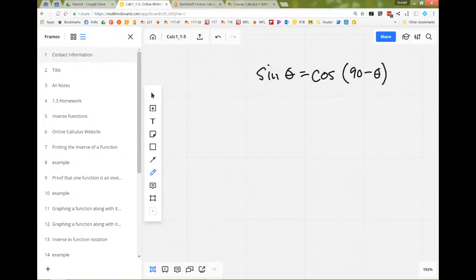Complement meaning two angles that add up to 90. Likewise, tangent equals the cotangent of 90 minus the angle, etc. I think that's what you must be referring to as the co-function identity.